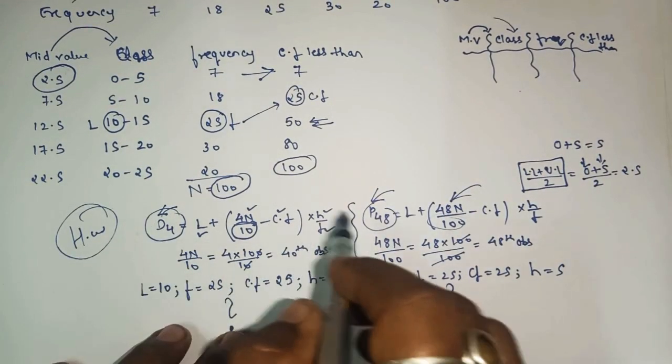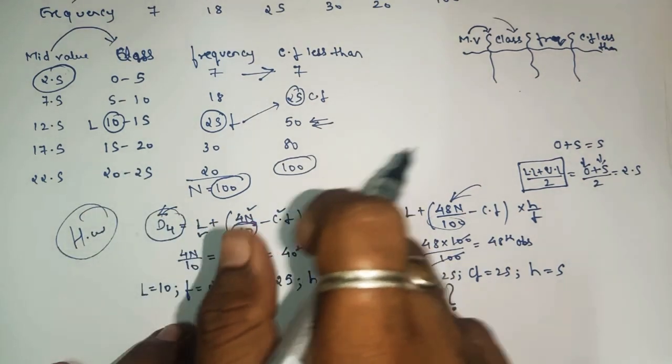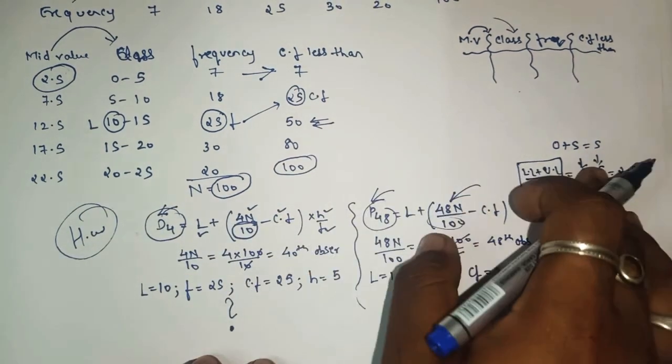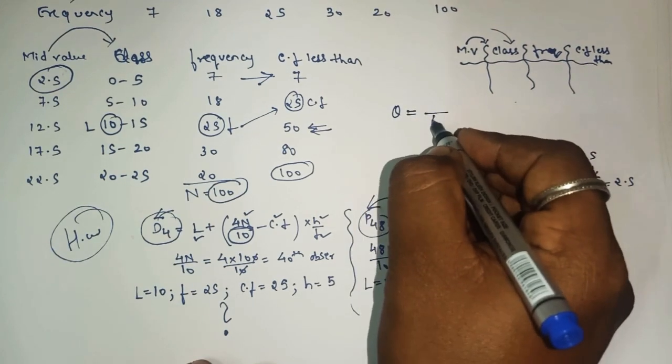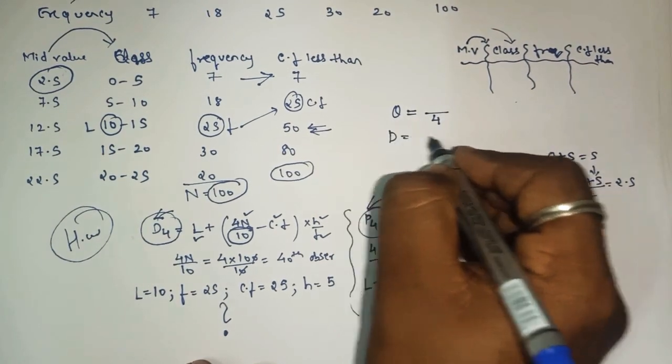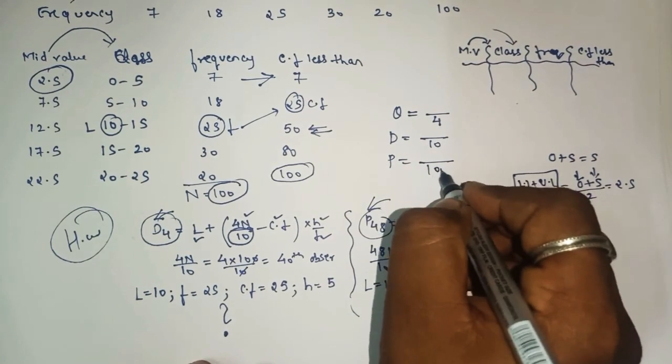So try to frame the formula, whether it is Q4, D7, D9, you must know how to frame the formula. Just remember, for quartiles we divide by 4, for deciles we divide by 10, and for percentile we divide by 100.